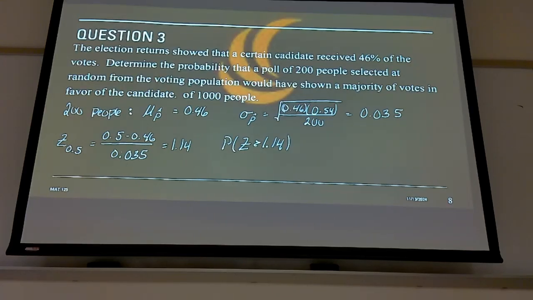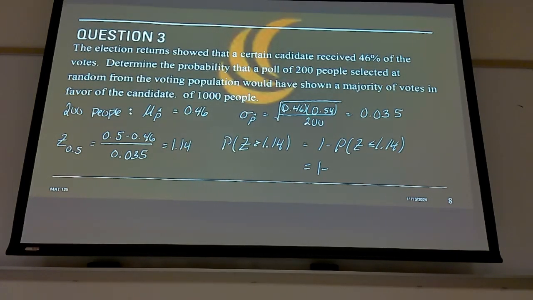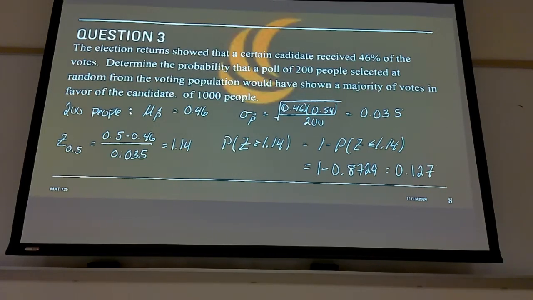That's what we're looking for then, which is that probability. Area to the left of 1.14. 1, 2, 7, 1.